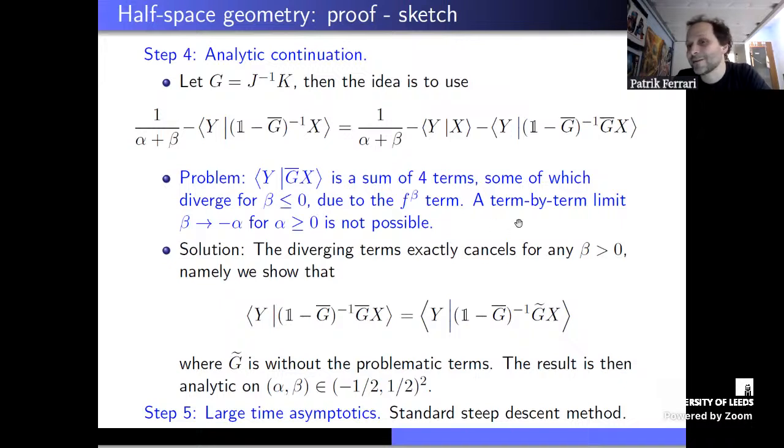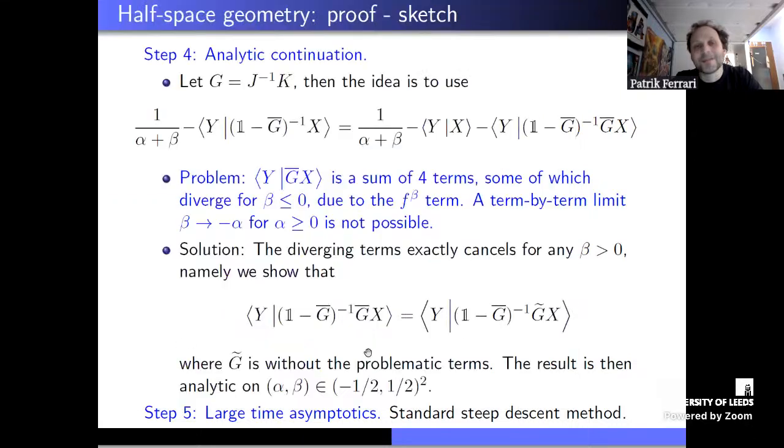They are ill-defined, but it turns out that we can modify this one by essentially removing all these terms with the exponential beta and give it the same scalar product. And at this point, we are happy because then you just apply the standard last passage large time asymptotics, and then you get exactly what you want.